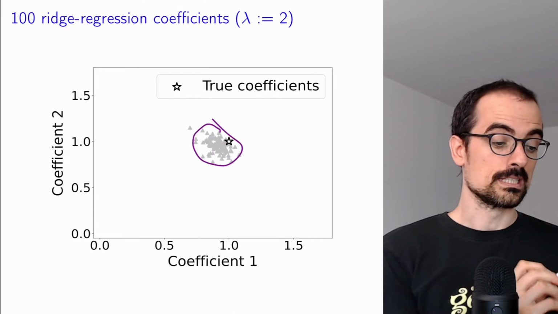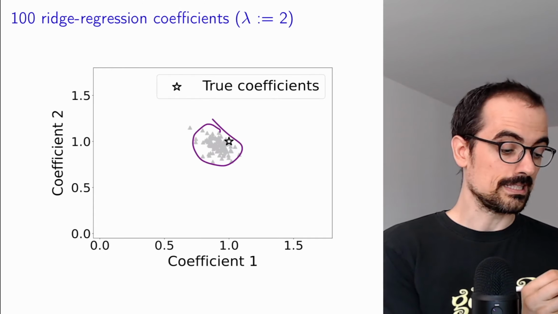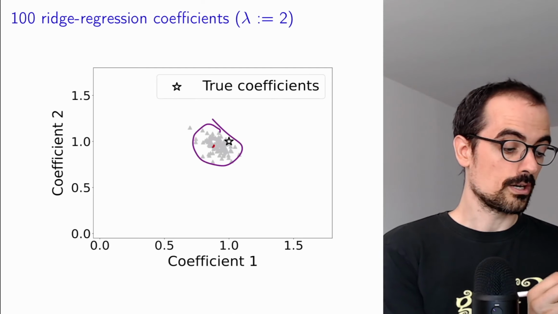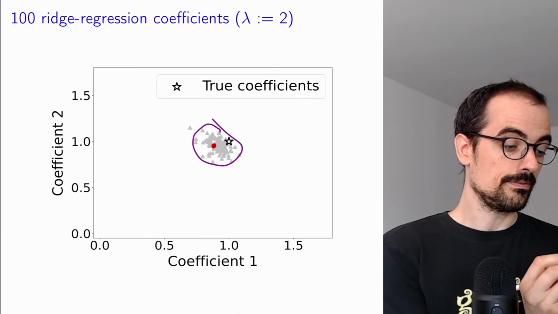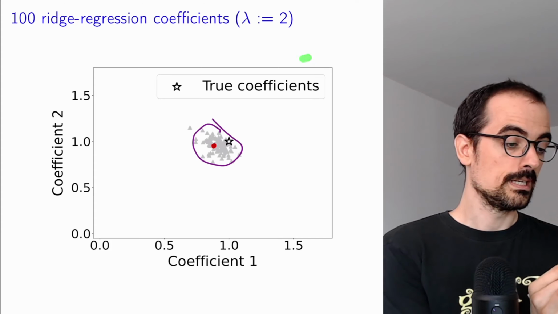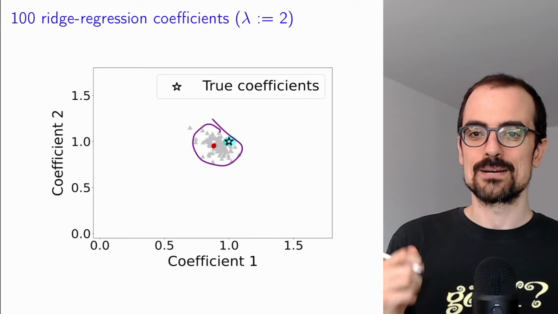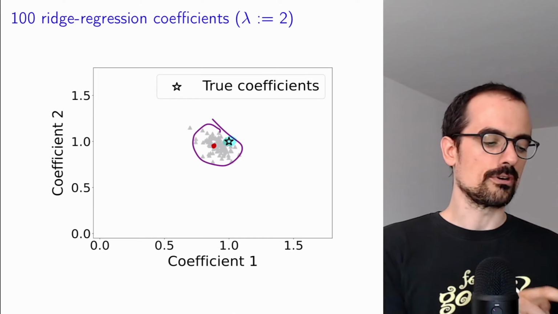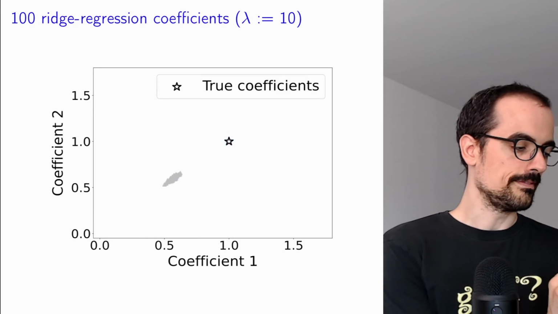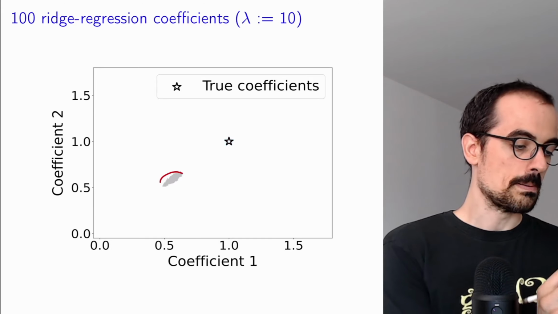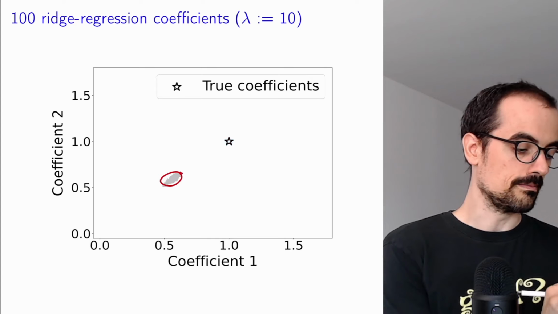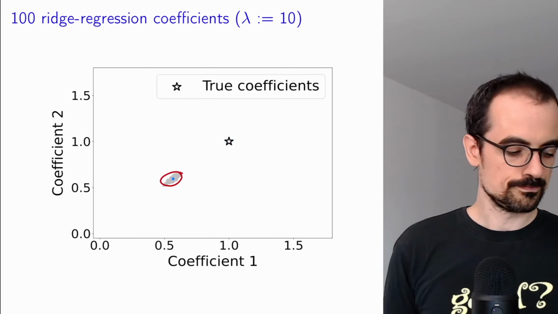of the coefficients. However, there's a price to pay, and that is that now they're no longer centered at the true coefficients. They're biased towards 0. And this becomes even more evident if we push the regularization parameter further up. The variance becomes very small, but there's a clear bias towards 0.